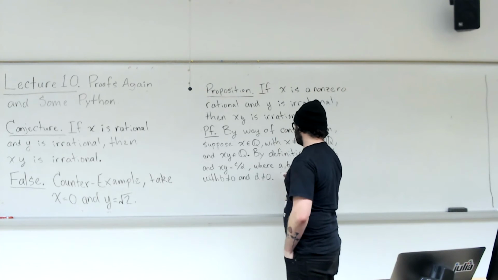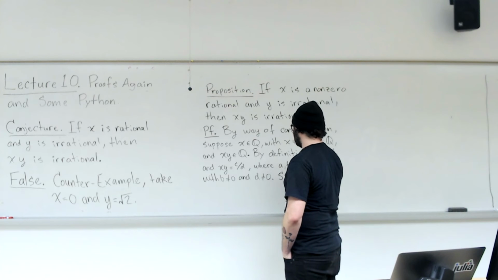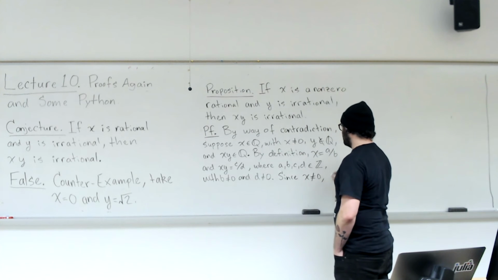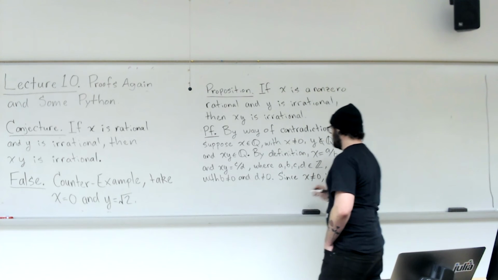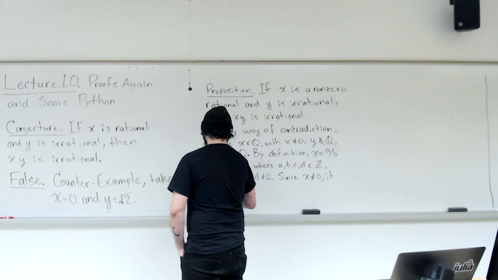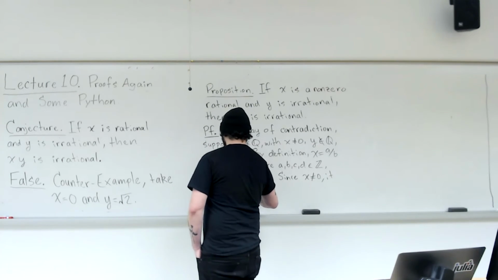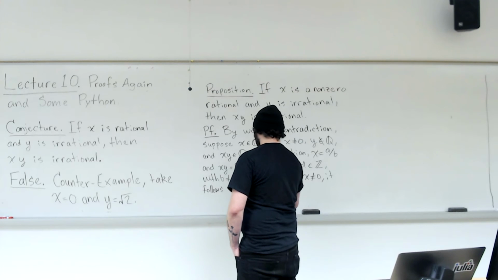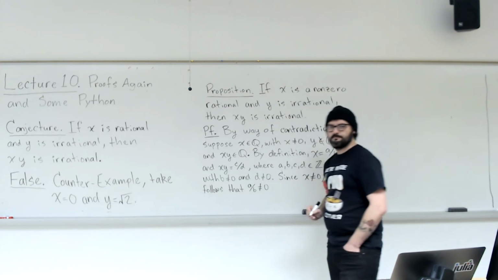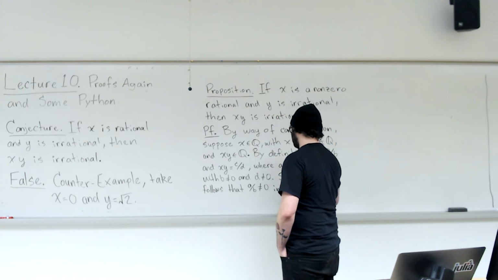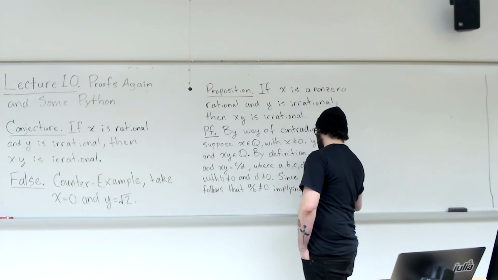So, we can say here, since X is not equal to 0, it follows that A over B is not equal to 0, implying A is not equal to 0.